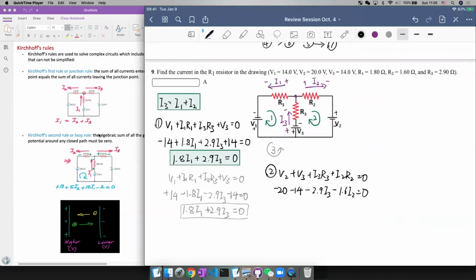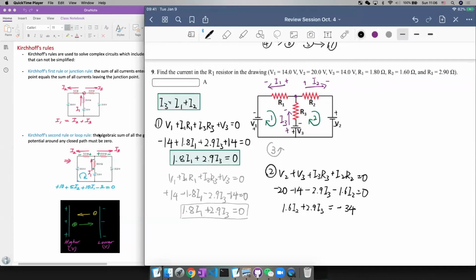Yeah, so now let's simplify it. Move this term to the right-hand side, then move 1.9 I3 to the right-hand side, and on the left, negative 20 minus 14 is negative 34.